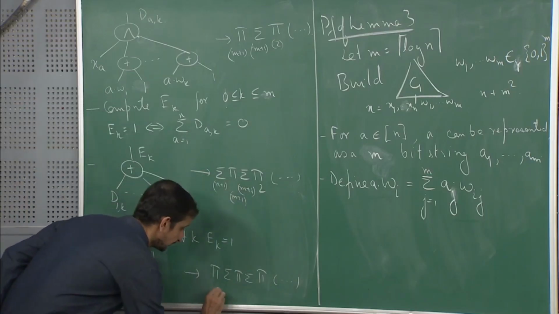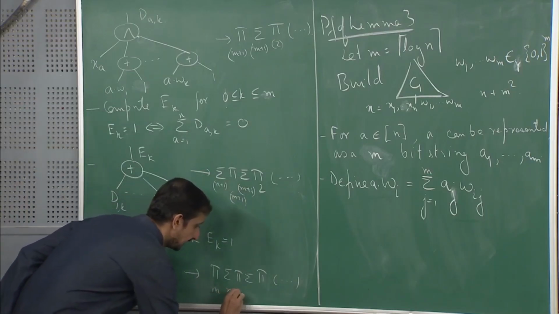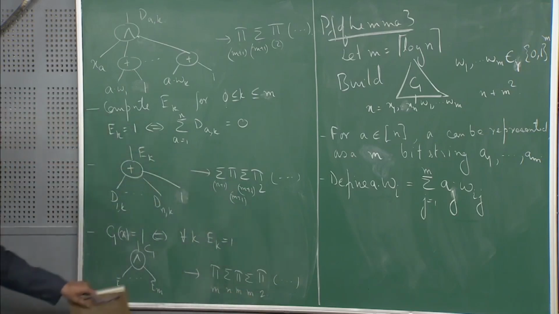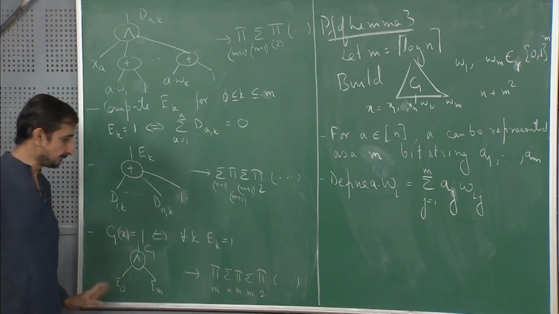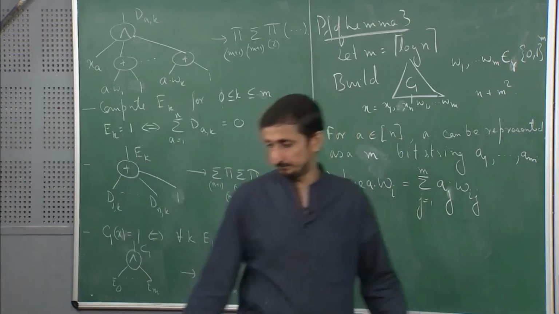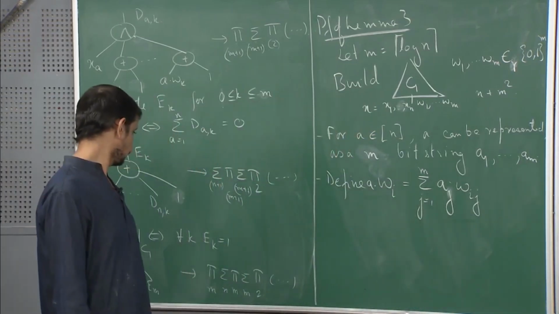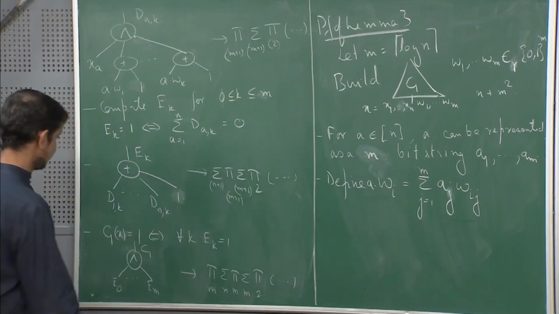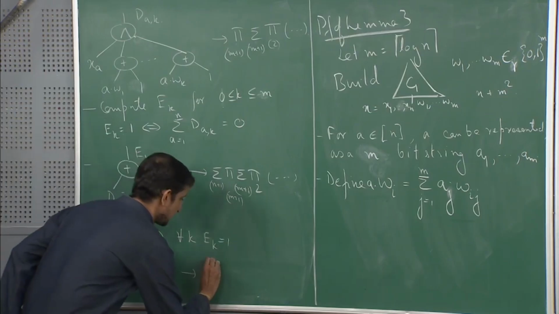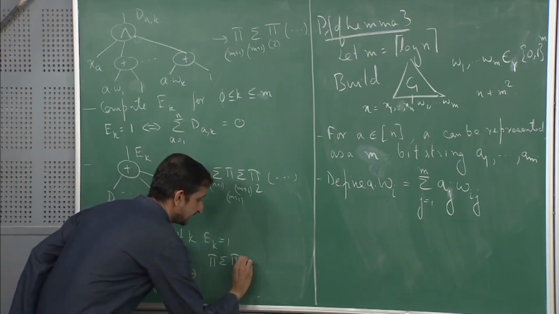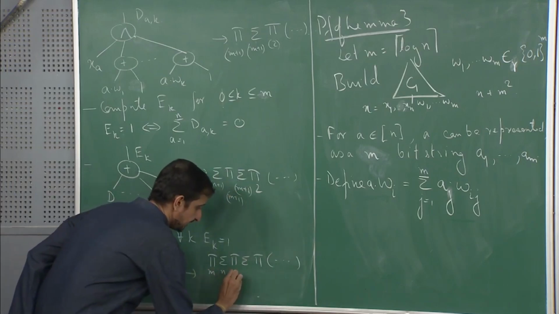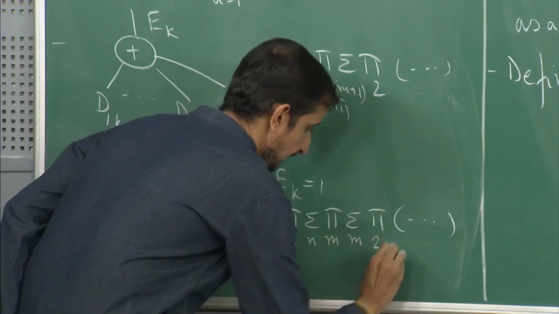So, this is of the order of something like m n m m and 2, and as I said, if you just apply distributivity over here, you can show that this is pi sigma pi sigma pi m n m m and 2.